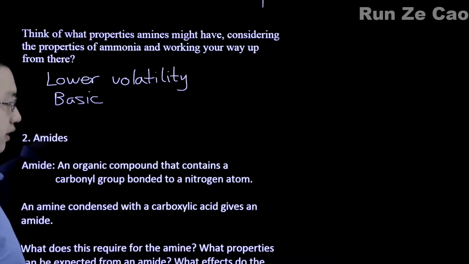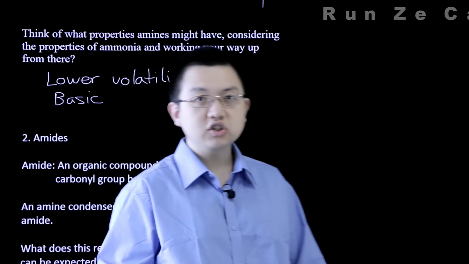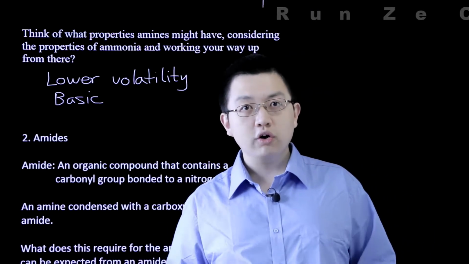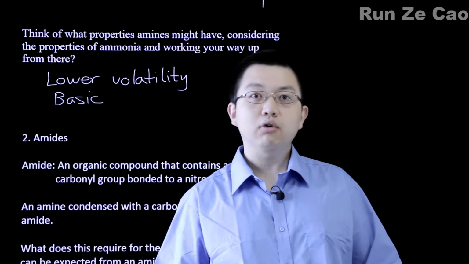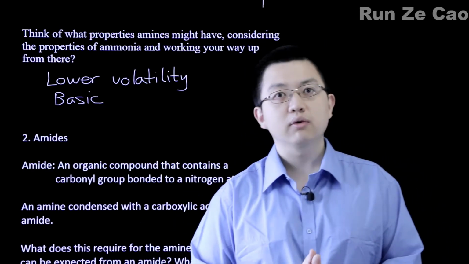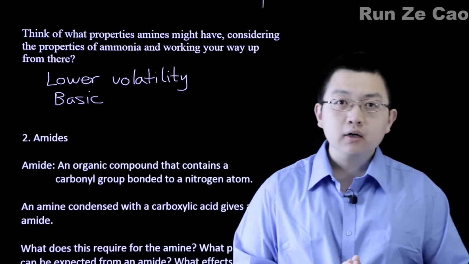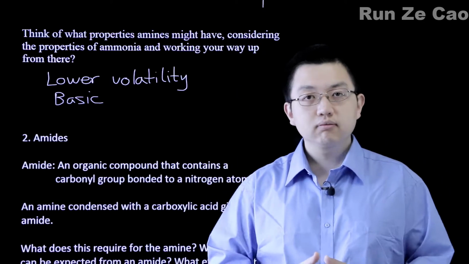And what about other than that? Well, there's also, let's think about this. We know that if you have a polar functional group of some type, it's relatively more soluble than, say, the alkane or alkene or whatever alkyl group you started with. Now, as the alkyl group gets bigger, the effect is diluted.